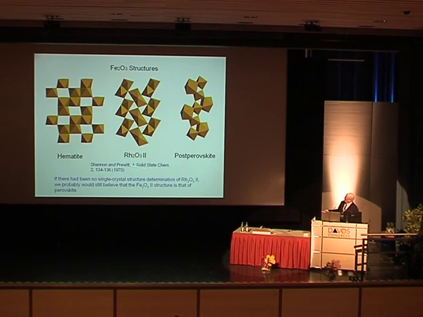And Bob Shannon and I, a number of years ago, published the structure of Rh2O3, which has a unique structure. And if we had not done that with a single crystal determination, it's very probable that everyone would think that the intermediate structure is perovskite.